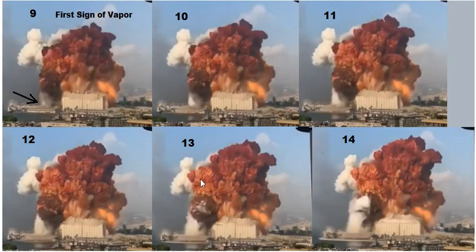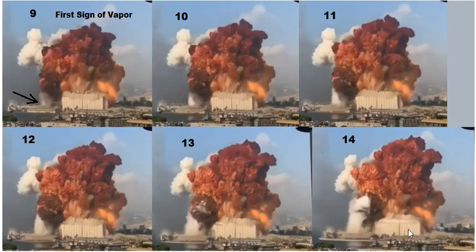We don't really see any vapor forming until we get here. You can see, look at the vertical lines on the grain elevators. They're dimmer here. They're getting covered with vapor.